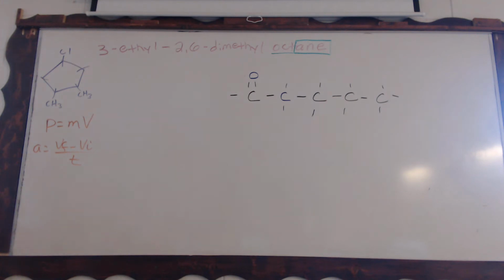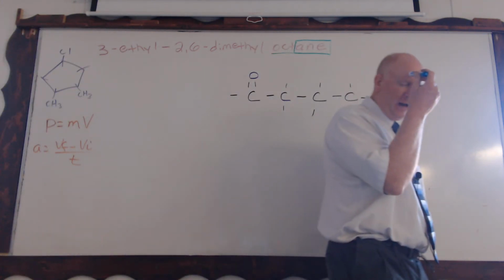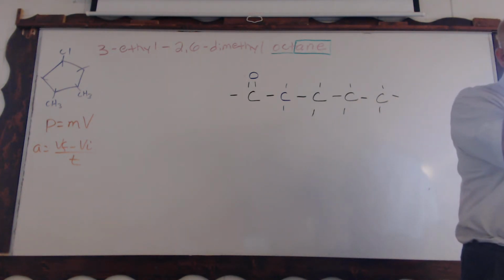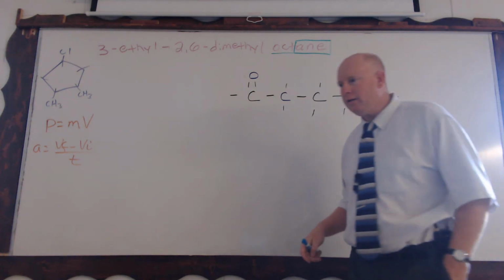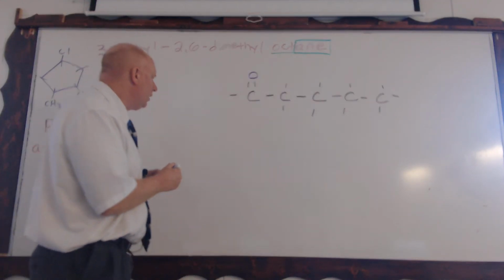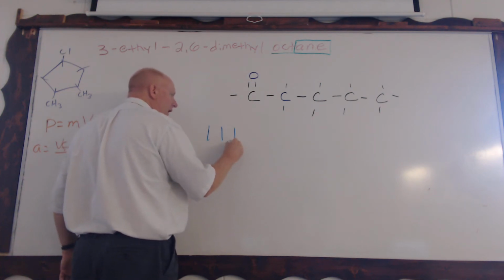So I'm trying to think off the top of my head how many organic families there are. I believe there's 9. So let's count them out quickly. You had alkene, alkane, alkyne.